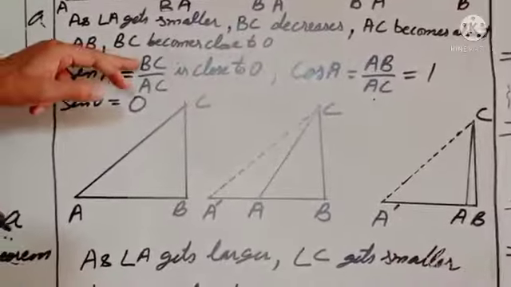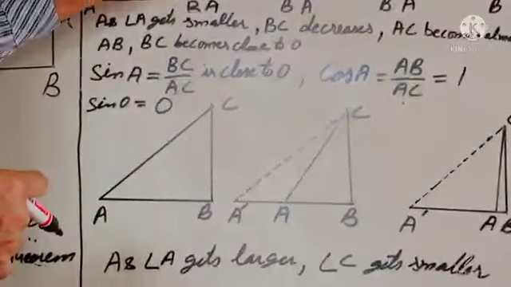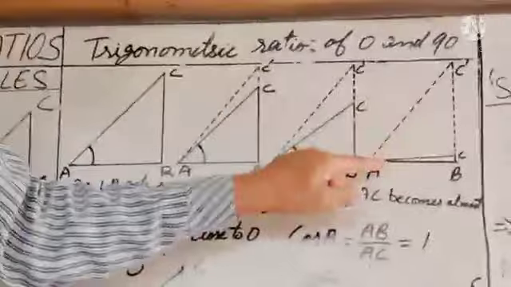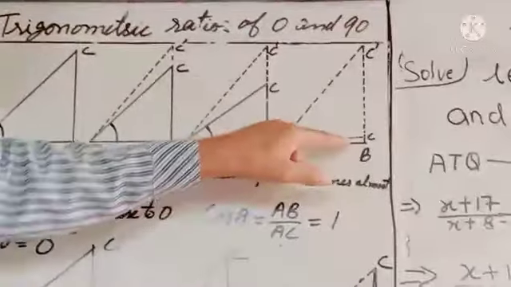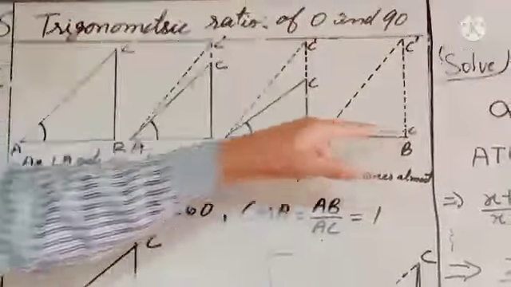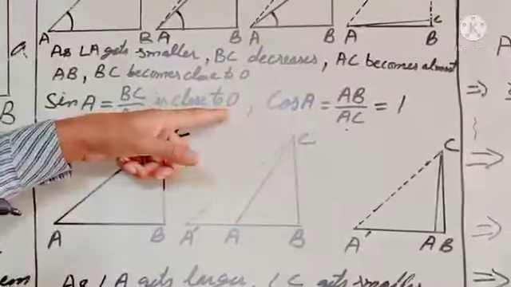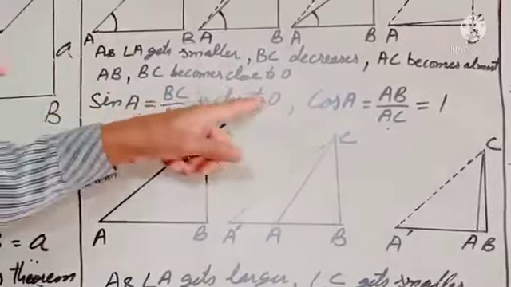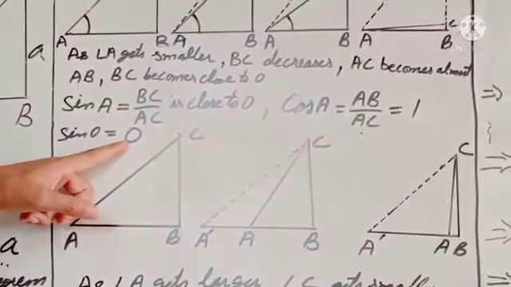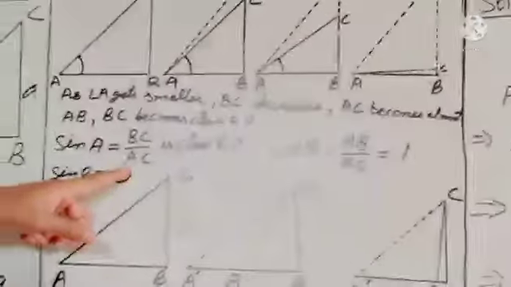Now remember these two values and let's find out sin A. Sin A is BC upon AC and with the decrease in the value of angle A, BC has become almost 0. That means 0 divided by any value will give you 0. That means sin A is very close to 0. It is almost 0. We define sin 0 as 0.